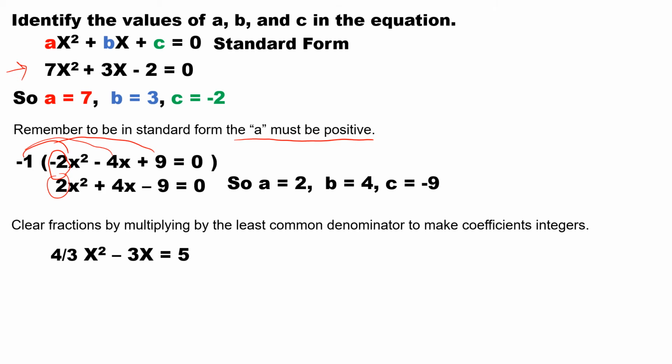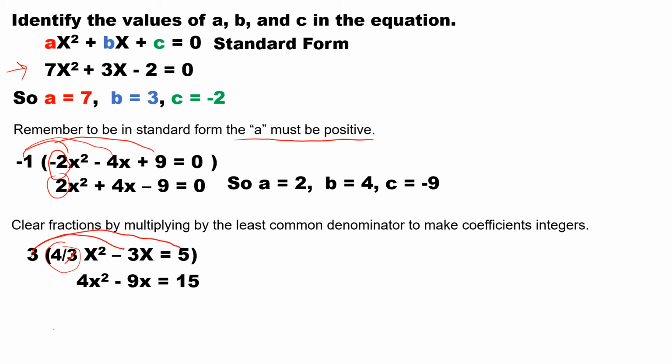So right here we have 4/3. So I'm going to multiply the entire equation by 3 so that I can clear that fraction, because 3 divided by 3 cancels out and you're left with 4. And then 3 times a negative 3 gives you a negative 9, and then 3 times 5 gives you 15.